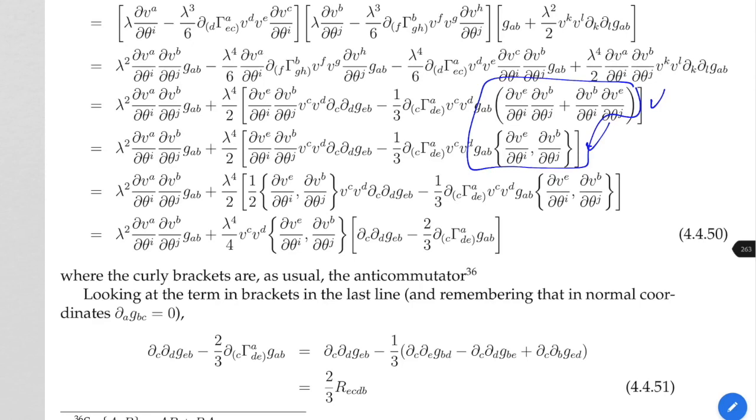The reason is because partial V, partial I, and partial V, partial J are being blended into E and B, right? The index E and the index B are going to E and B, but G is a symmetric object, right?